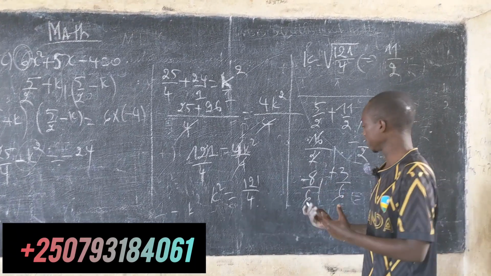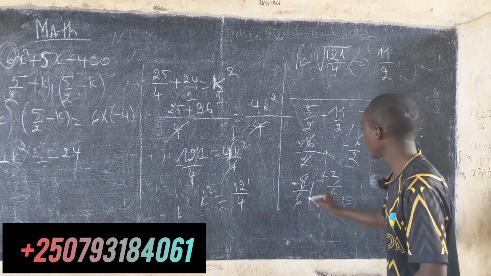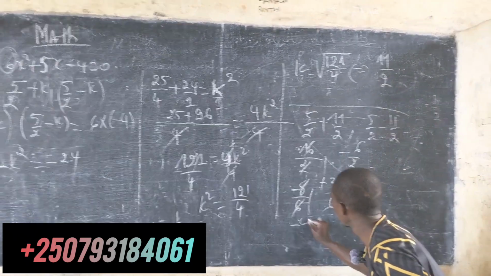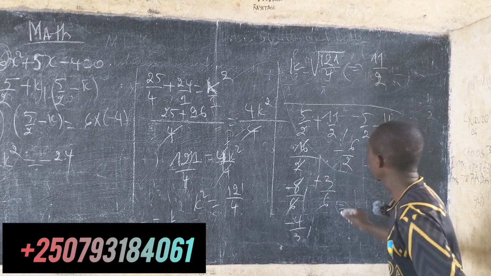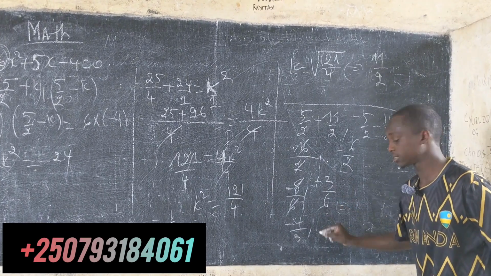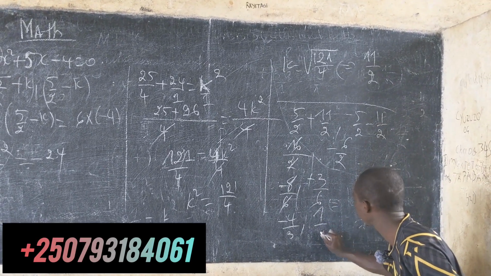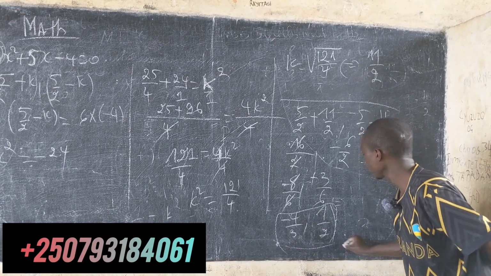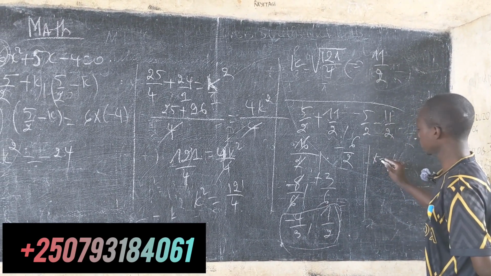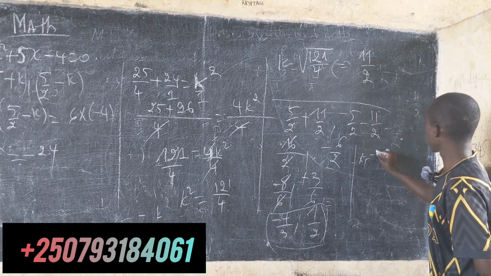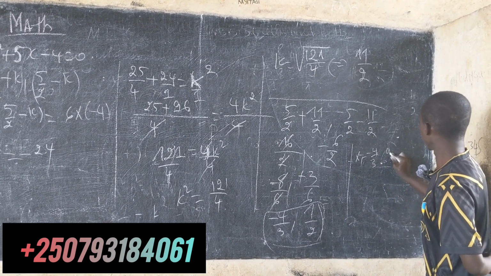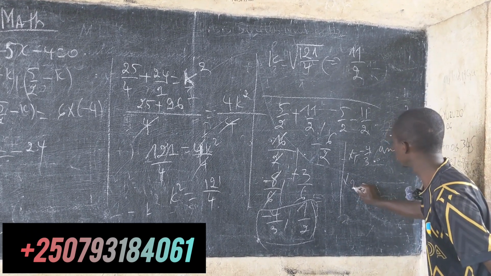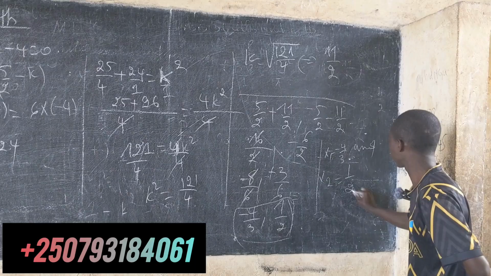If we divide each number by 2, we are going to get minus 4 over 3. And here, 3 divided by 6 is going to be a half. So this is the answer. Guys, x1 must be equal to minus 4 over 3, and x2 is going to be a half, which are the answers.